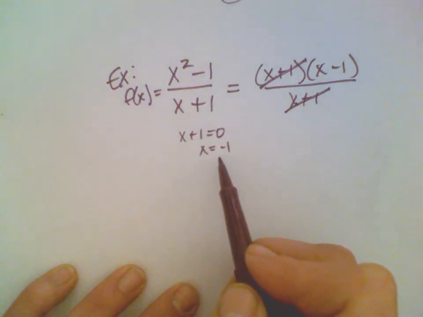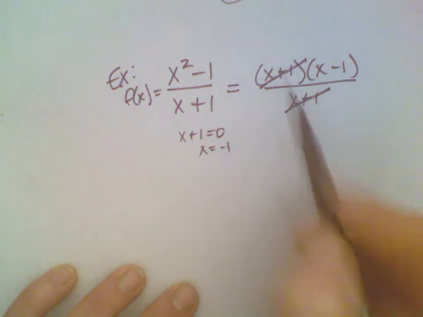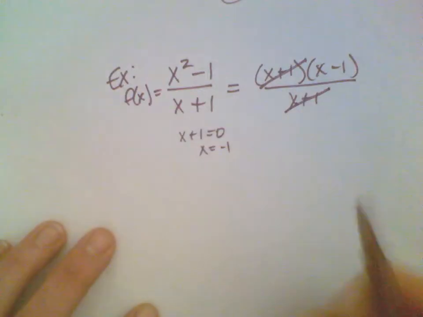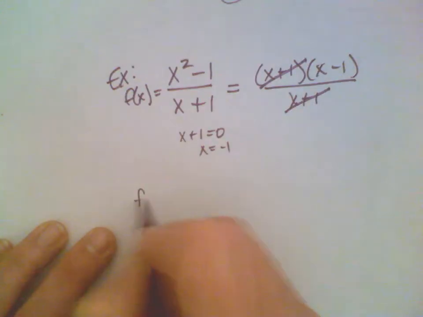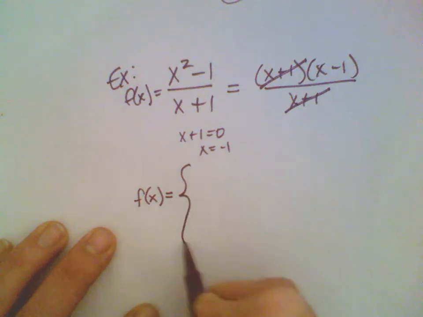So what I want to do to make it continuous is to get that piece out, and then I'll rewrite the function so that it is a continuous function. So I would say that my function is in piecewise form.